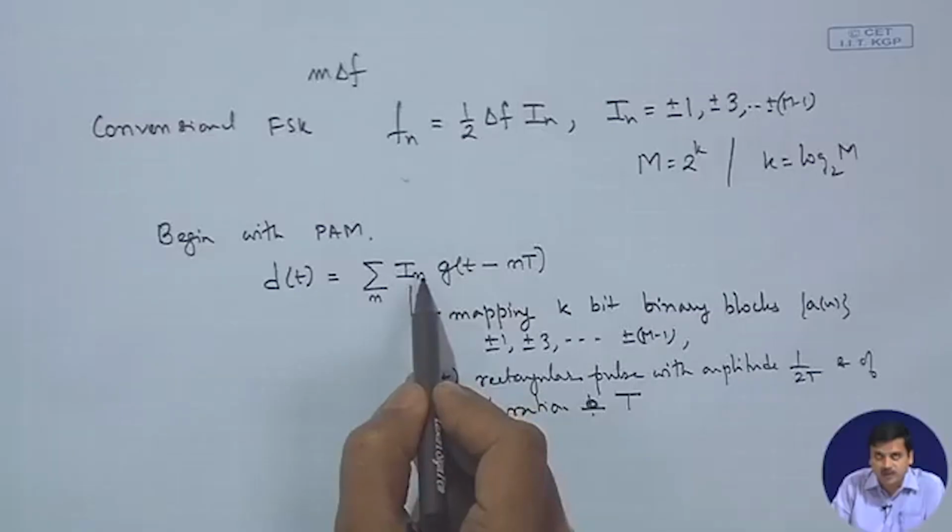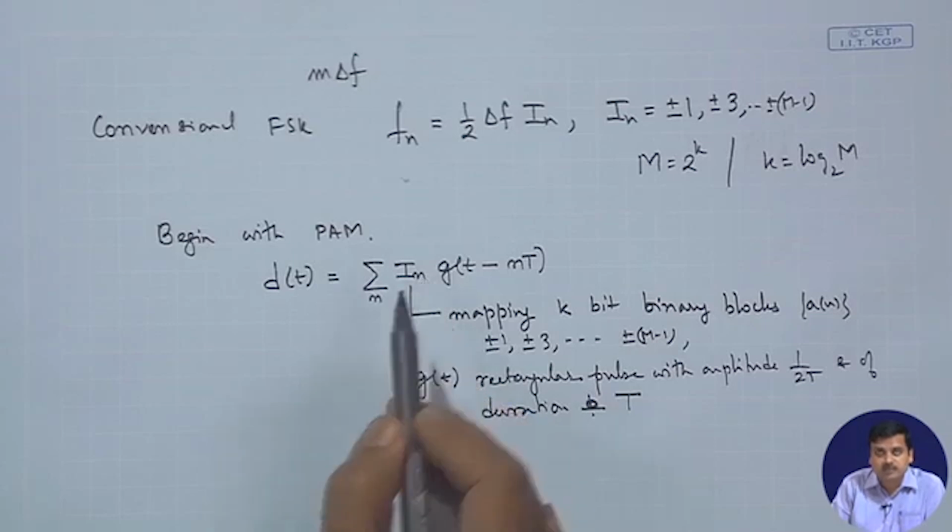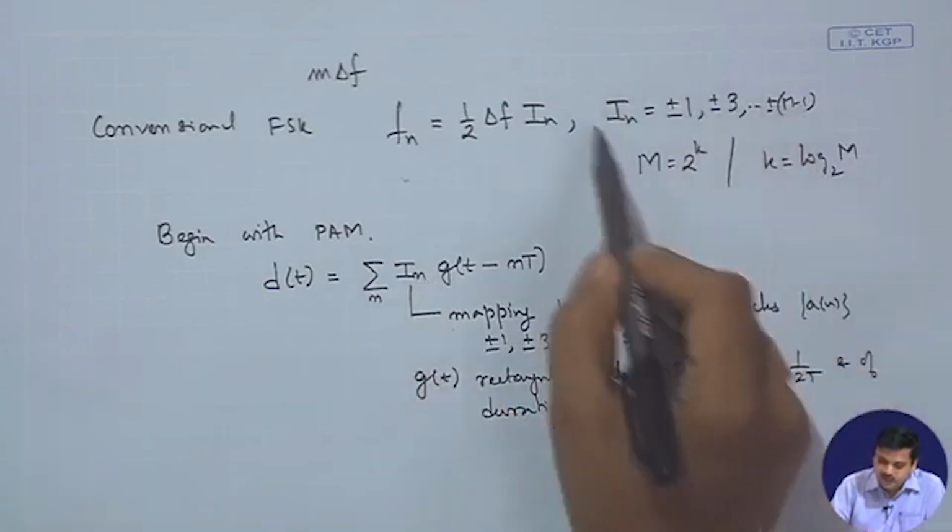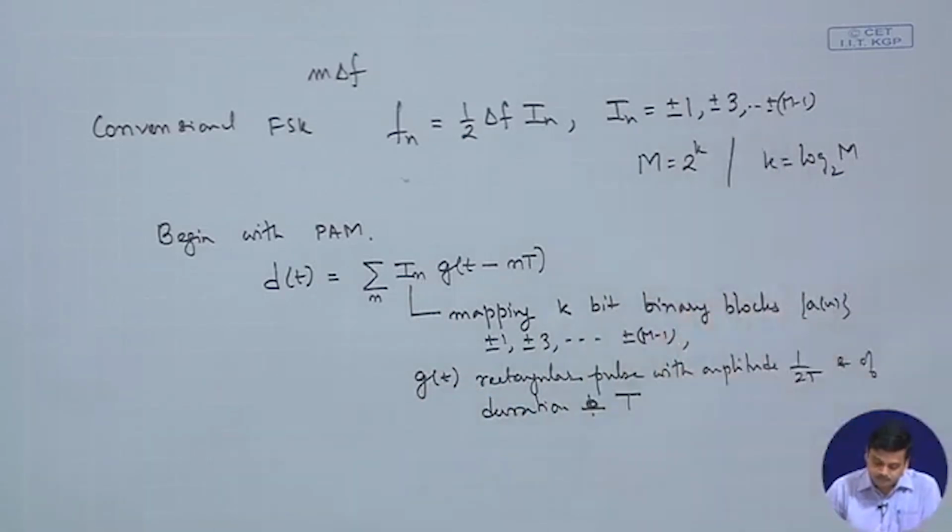If you would do PAM, you would simply multiply this with e to the power of j 2 pi f_c t, take the real part, and then you have this times cosine 2 pi f_c t, that is A_m cos 2 pi f_c t, where A_m is taken as (2m minus 1 minus M) multiplied by d. Here you can assume d to be equal to 1.